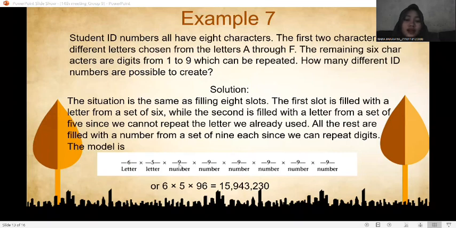So this is 9, 9, 9, 9, 9, 9, or 6 times 5 times 9 times 9 times 9 times 9 times 9 times 9, or 9 to the power of 6, equals 15,943,230. So the final answer is 15,943,230.